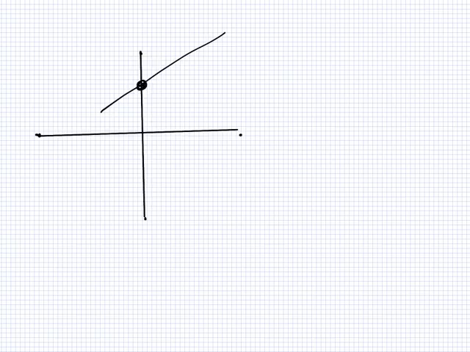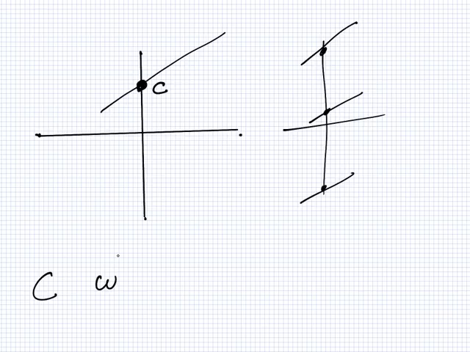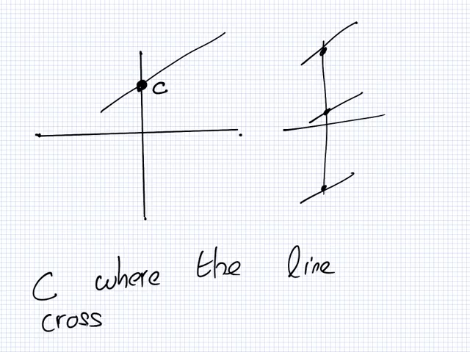This here is the C. So if the C is big, it's up here. No, the C is for crossing Y. So the C is where the line crosses the Y axis.